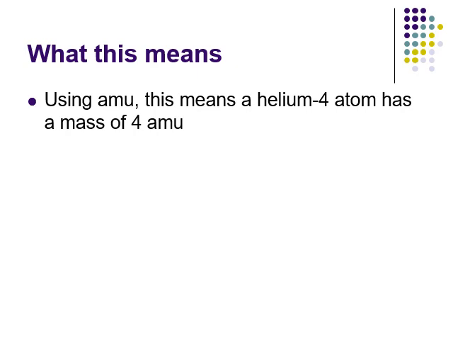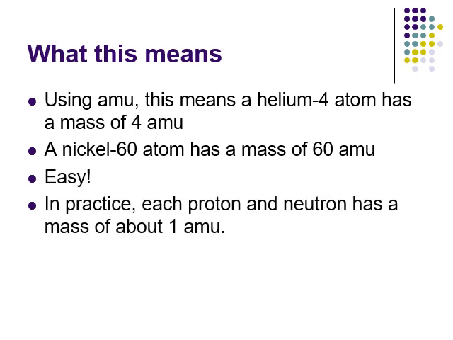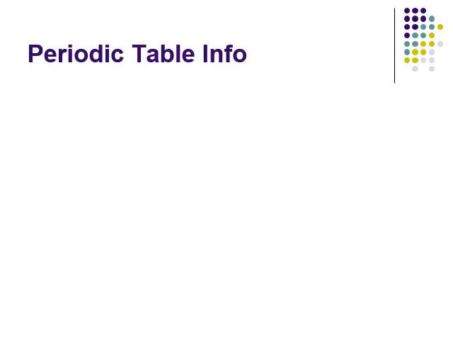So using AMU, that means that helium-4 has a mass of 4 AMU. Nickel-60 has a mass of 60 AMU. So when on the AMU scale, the mass number is the mass of the atom in AMU, because we say that each proton and neutron has a mass of 1 AMU. That's how we make that.